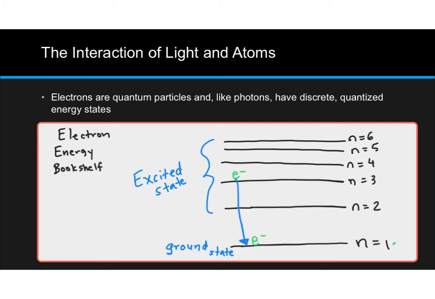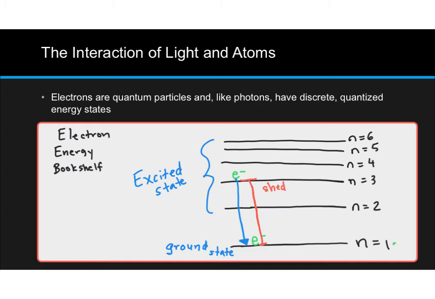An electron can't just jump from one energy state to another, though, without supplying some sort of energy, as that would be in violation of the first law of thermodynamics. In order to go from one state to another, from this third shelf back down to the ground or first shelf in this example, an electron needs to shed some energy.